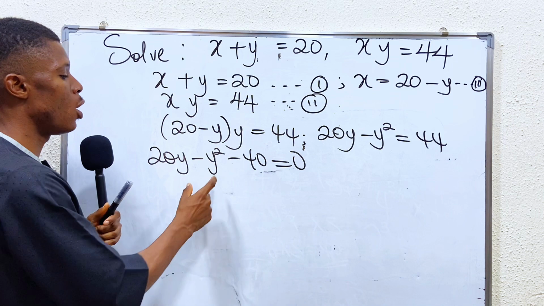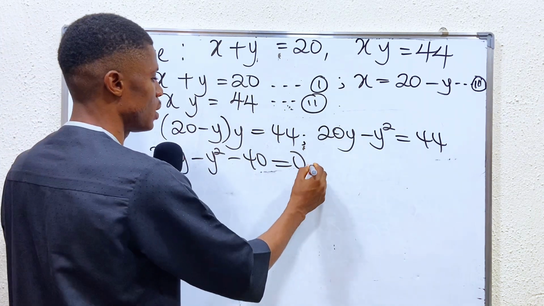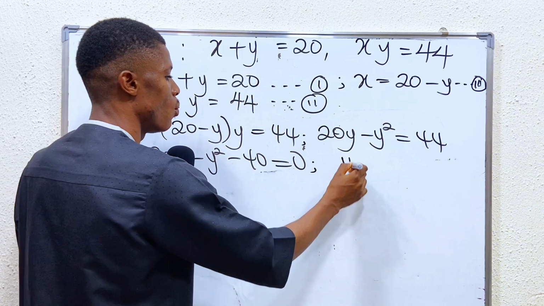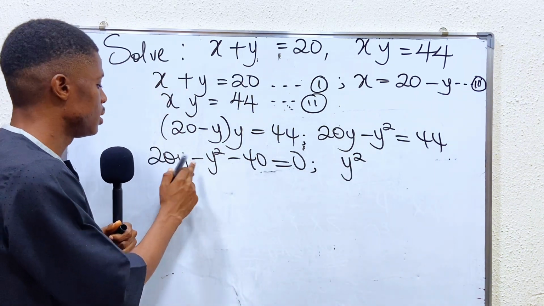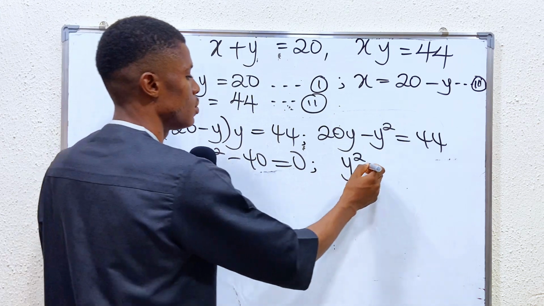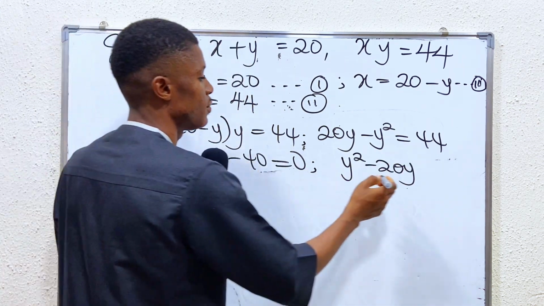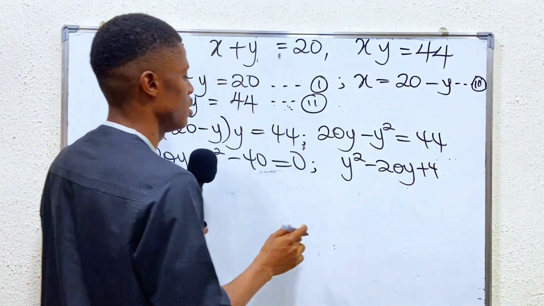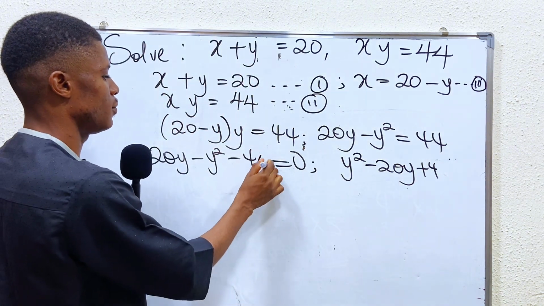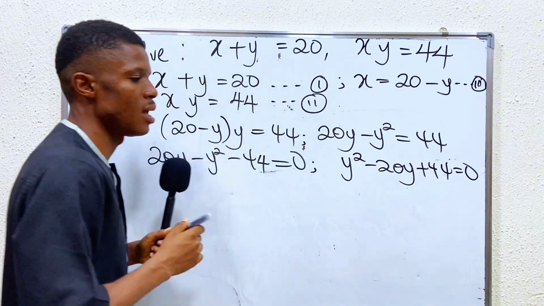To do that, we multiply each term here by negative 1, and the quadratic equation will now look like y squared, because minus 1 times minus y squared is y squared. Then minus 1 times 20y will give you minus 20y. Then minus times minus 44 will give you plus 44, equal to 0.